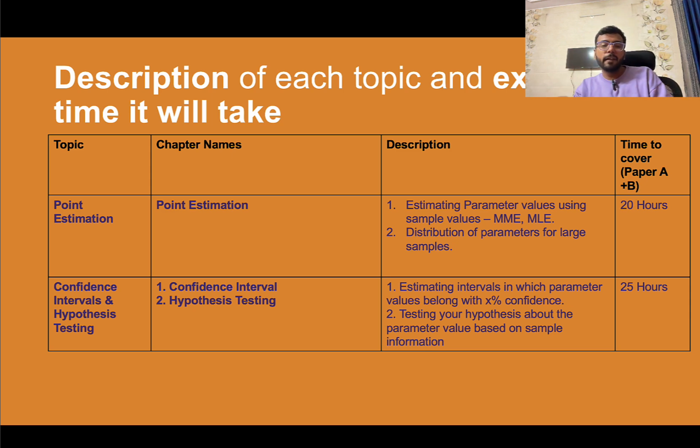Next, we get into confidence interval and hypothesis testing. In point estimation, what we were doing was, for a certain parameter, estimating a single value, the most likely value for this parameter. But under confidence interval, we give an interval or a range of values. We say that the mean of this population lies between 10 and 15 with 95% confidence.